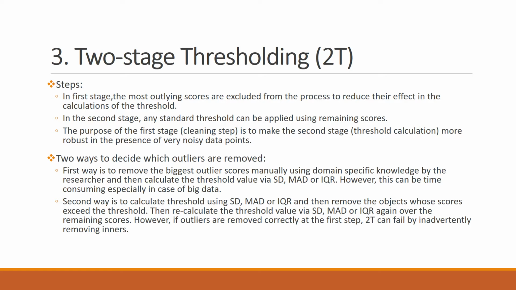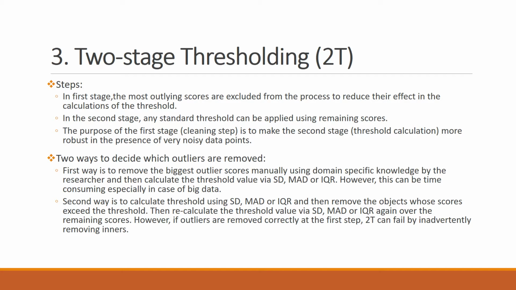There are two ways to decide which outliers are removed in the first step. First way is to remove the biggest outlier scores manually using domain-specific knowledge by the researchers. So the researcher has some domain-specific knowledge and may be capable of removing the biggest outliers manually. However, this can be time-consuming, especially in the case of big data.